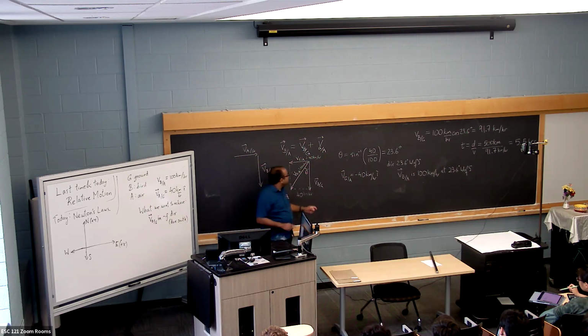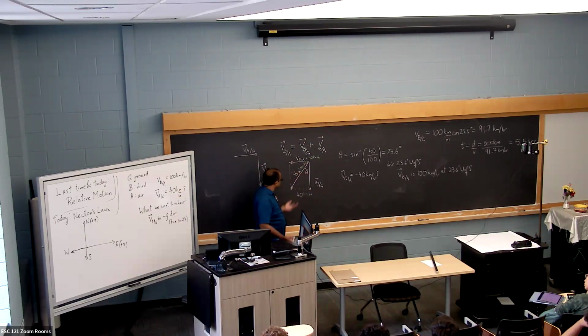But I do want to point out that this time it happened to form a right triangle. That will not always happen, okay? This is a common mistake, that you assume the three velocities form a right triangle. They will form a triangle, but most of the time it will not be a right triangle. In this case, because one direction was due south and the other was due east or west, it happened to form a right triangle.